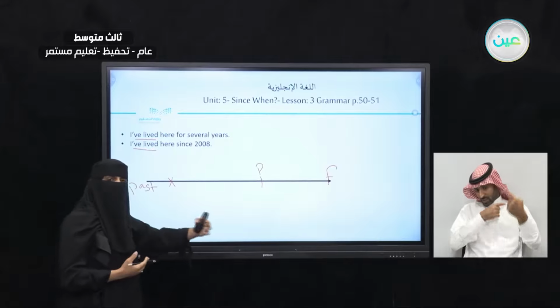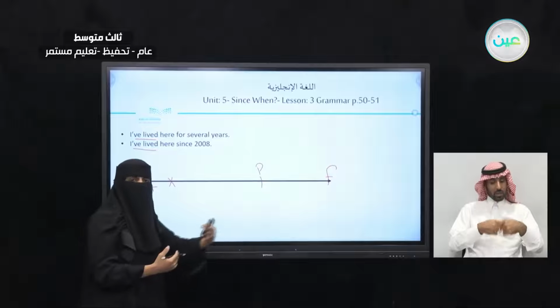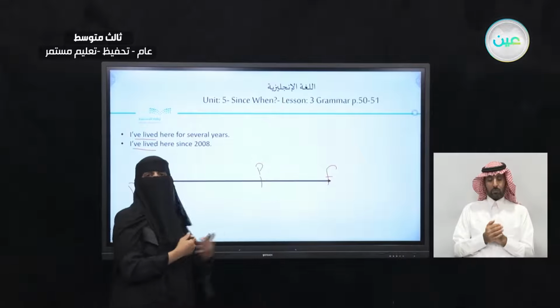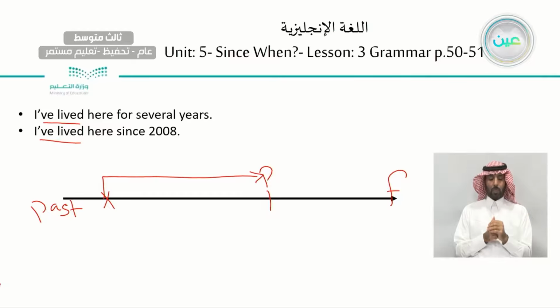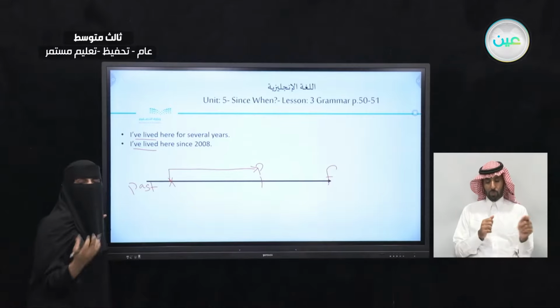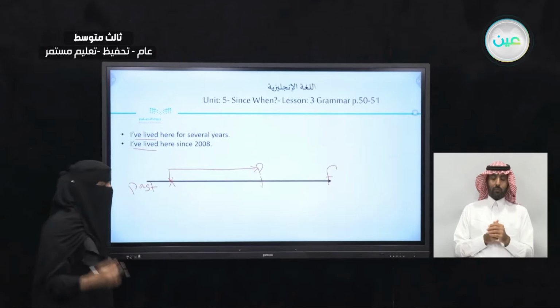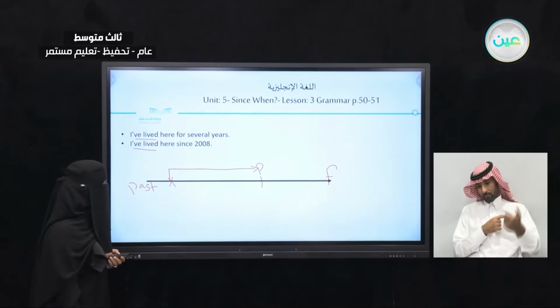Maybe I will continue living here for more years. So we will draw it like this. Maybe it will continue in the future, okay? This is how we differentiate between the past simple and the present perfect, okay?